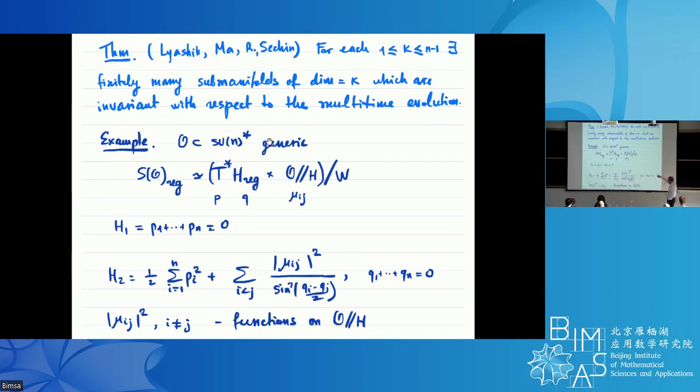Suppose that now we take not these special rank 1 orbits, but a generic orbit. In this case, we have the regular part given by this formula. W is the symmetric group, the Weyl group for SU(N).